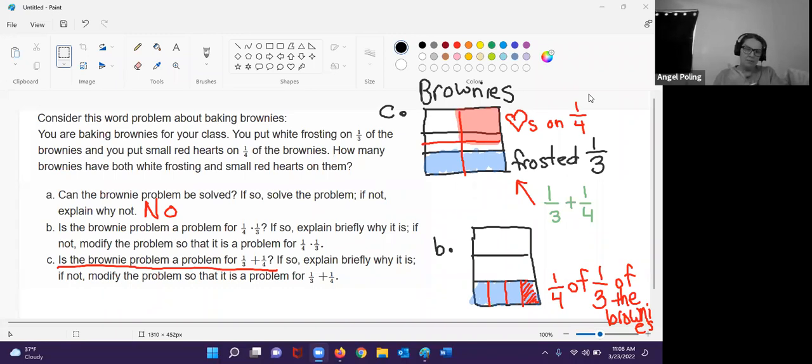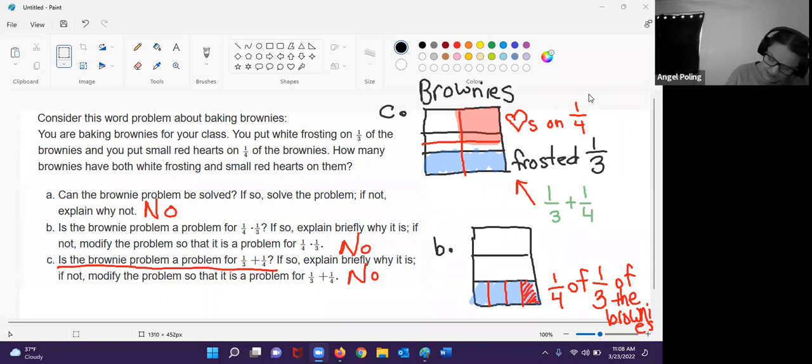Is the brownie problem the picture we see in B? If so, explain why. If not, modify. And is the brownie problem the image we see in C? If not, modify. Okay, so we get no for all of these.